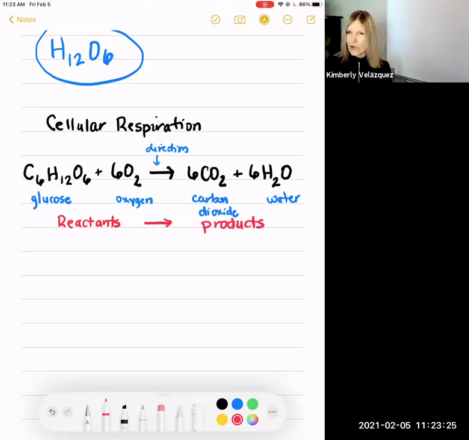So the reactants are on the left side of the arrow, and the products are on the right side of the arrow. In this reaction, we would say glucose and oxygen are the reactants, and carbon dioxide and water are the products.